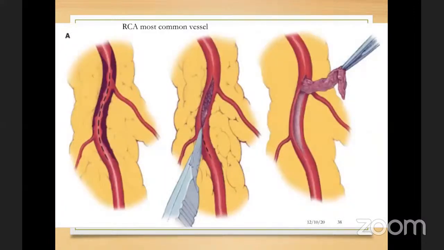So the RCA is the most common vessel that requires endarterectomy. Endarterectomy should be done from distal to proximal, with a spatula introduced between the plaque and the vessel wall.